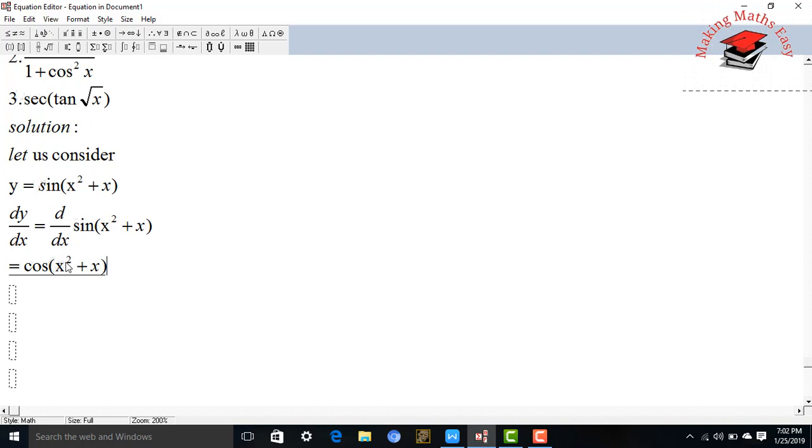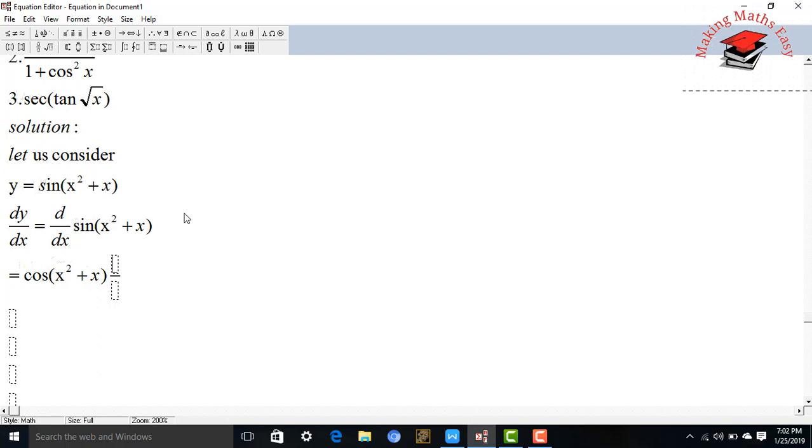and then again we will differentiate, a loop differentiation. I told you in the previous video, if we are differentiating any expression, we have to go deep inside it. Suppose we are differentiating sine theta, so first we differentiate sine, then we differentiate theta.